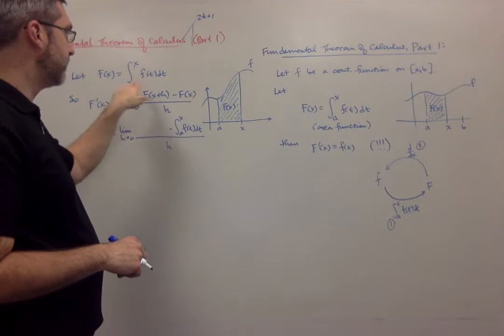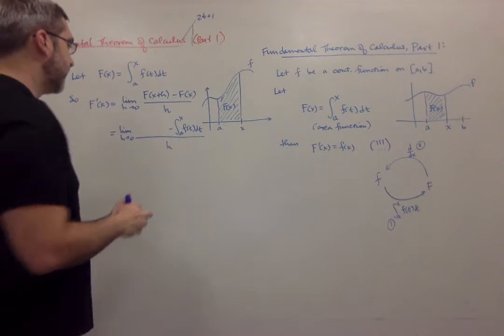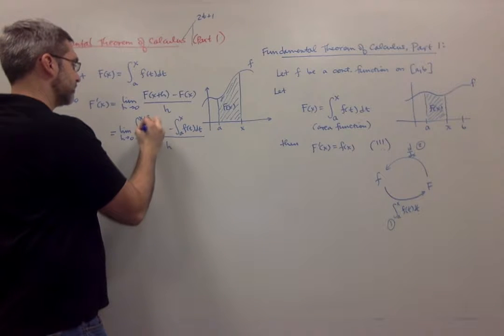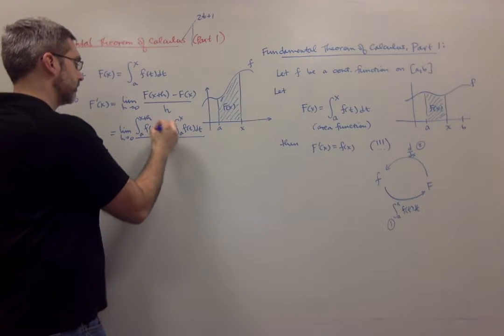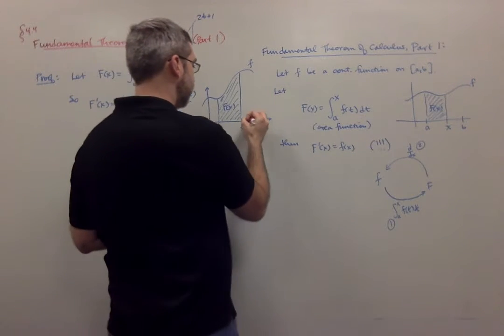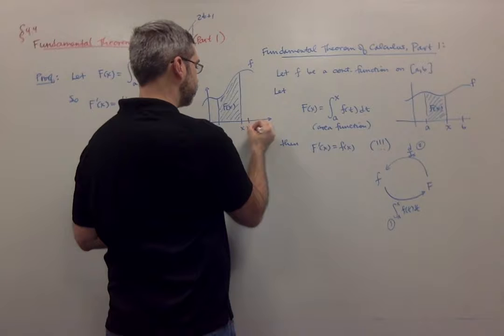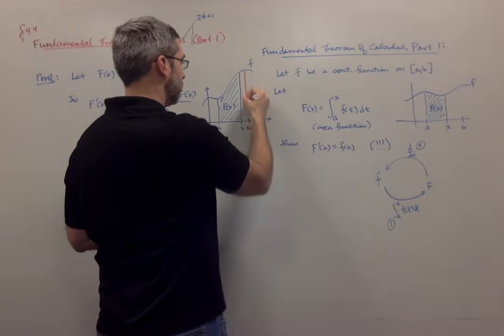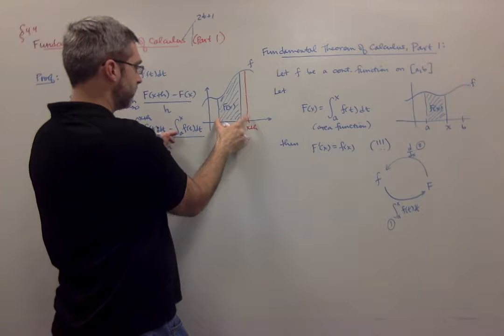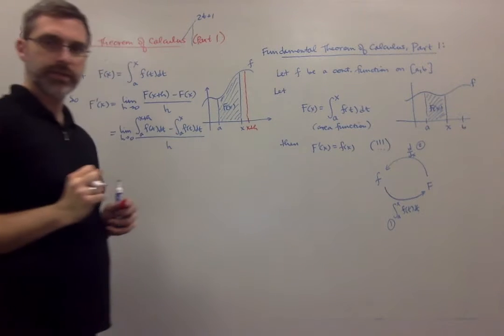F of 5 would be the area from a to 5. F of x plus h is the area from a to x plus h. Okay, so in other words, if I had x plus h here, this first term actually represents this area, and the second term represents this area. Does that make sense?